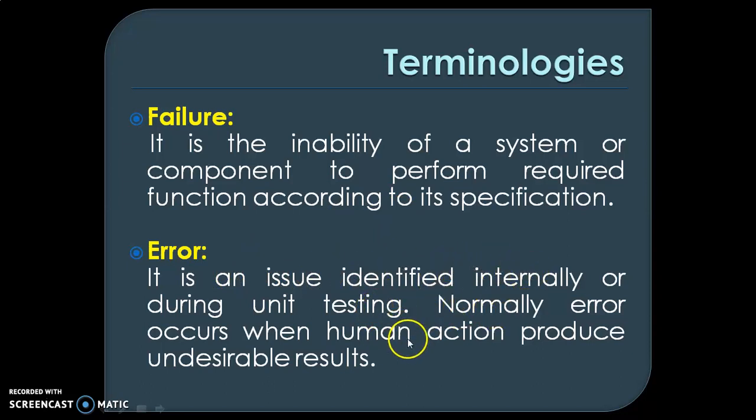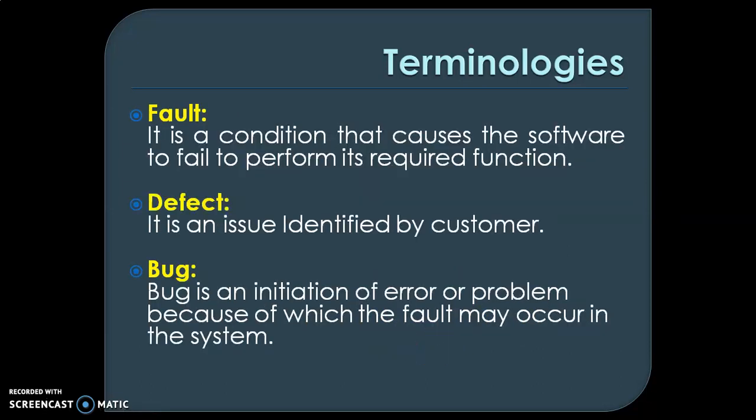Normally an error occurs when human action produces undesirable results. Third, fault is a condition that causes the software to fail to perform its required functions. That is a little bit the same as failure. Defect is an issue identified by the customer.